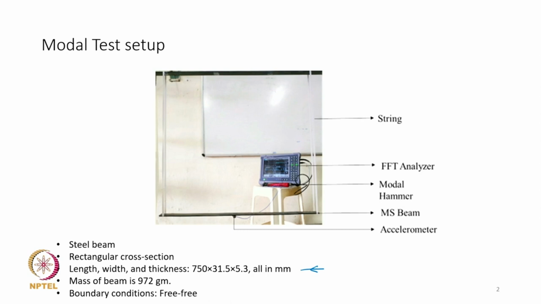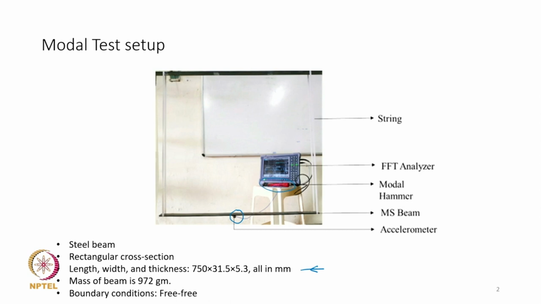Now the response of the beam is measured using an accelerometer, as shown here. And then we have an impact hammer, like shown here, with the help of which we apply excitation on the structure.